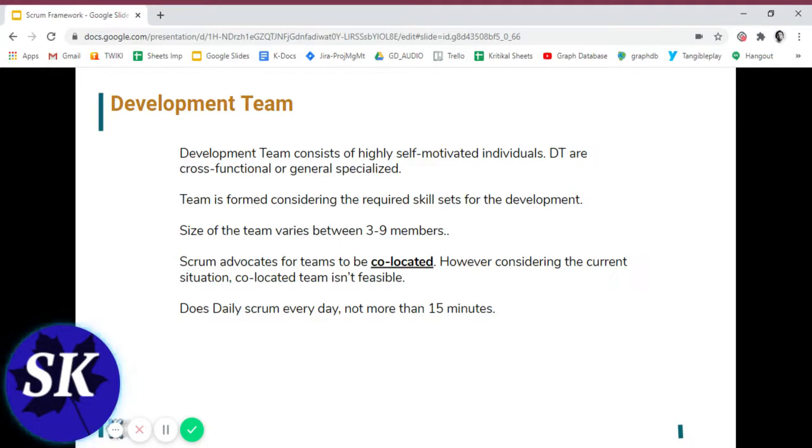Although it quite emphasizes the development team or the Scrum team to be in a co-located environment, however, in our present situation, right, across the world, this looks a distant dream at this time.